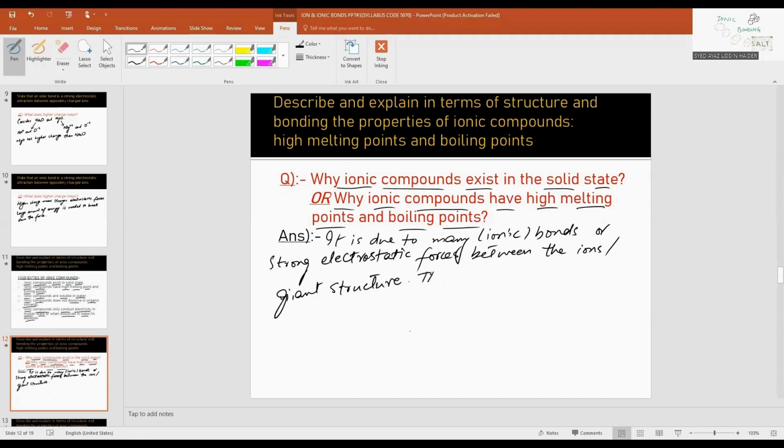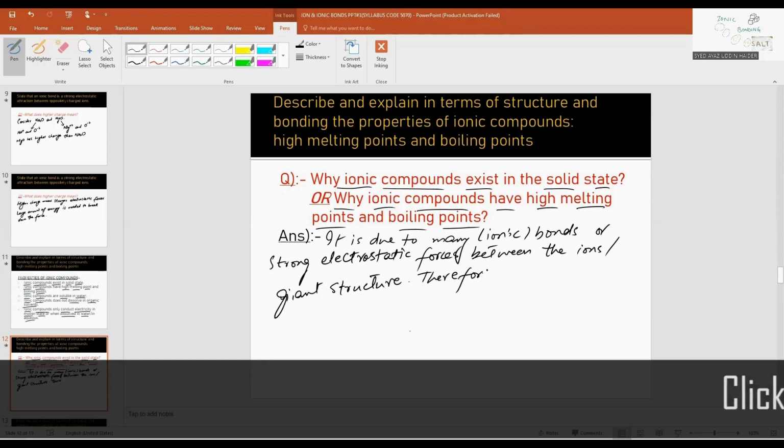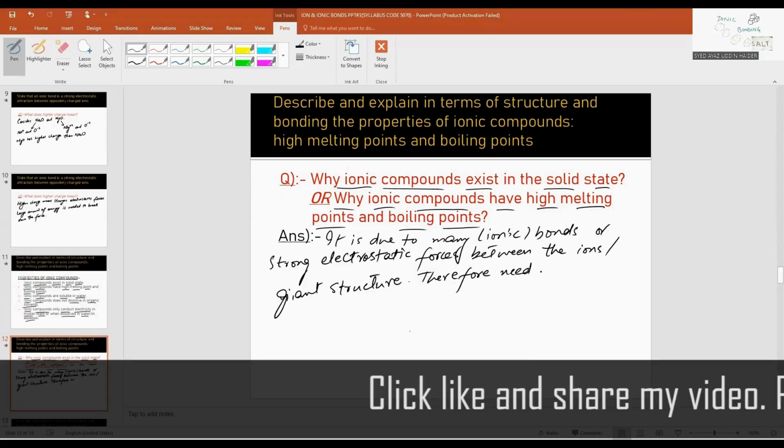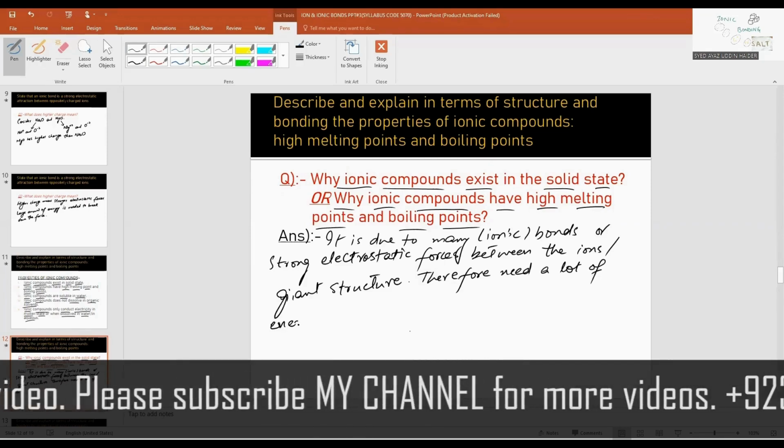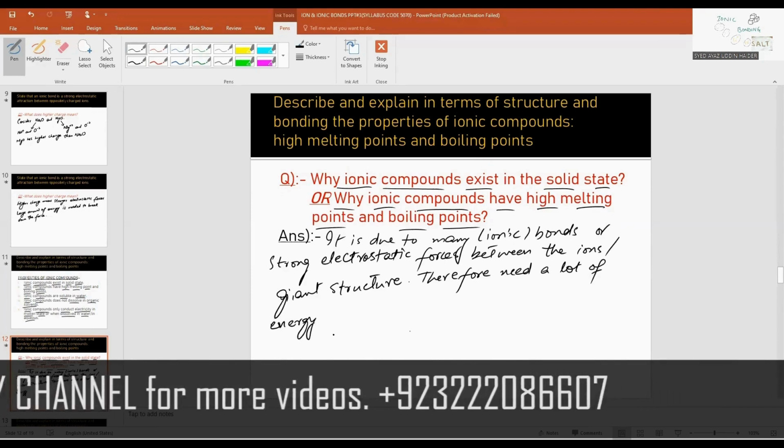Therefore, a lot of energy is needed to break the bonds.